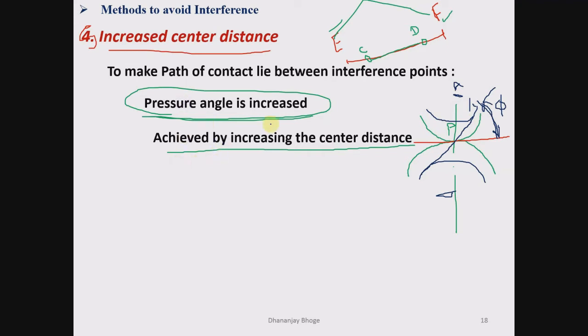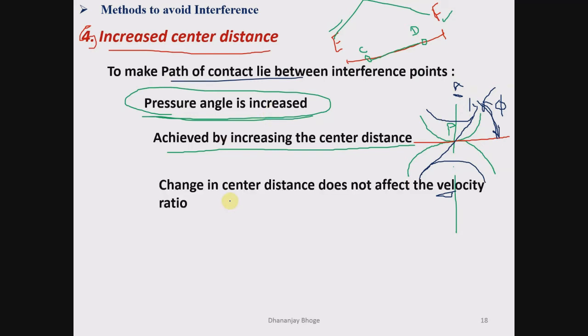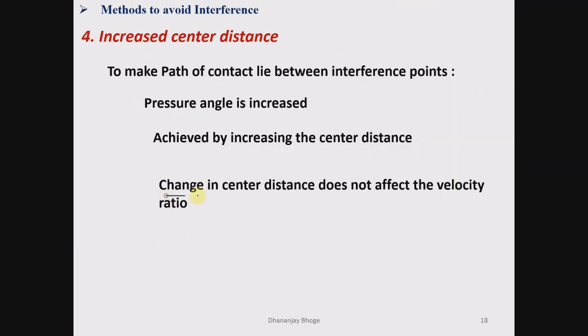So we can do this and make sure that path of contact lies between the interference points. And this is possible because we have seen that change in center distance does not affect velocity ratio in case of involute gears. We have seen this while studying gear tooth terminology.